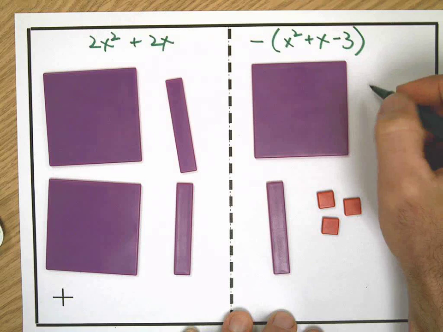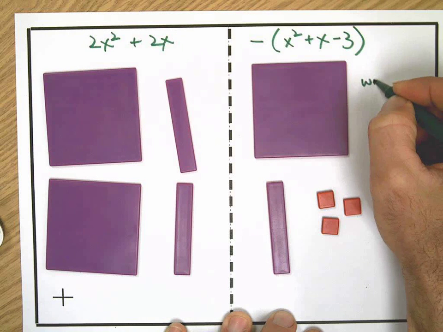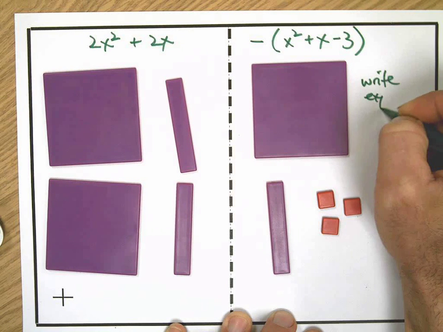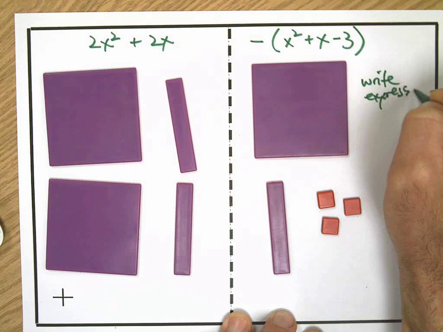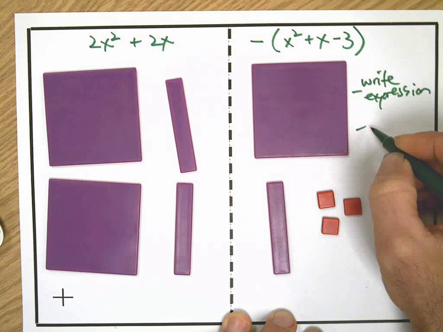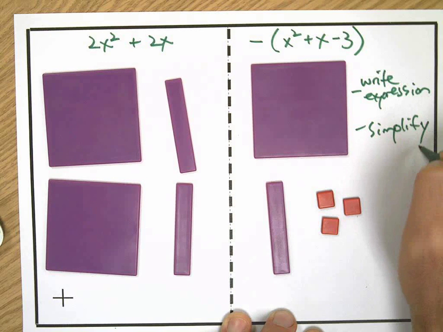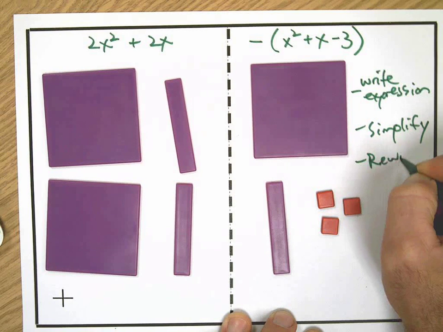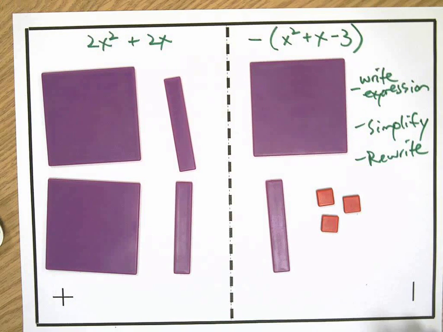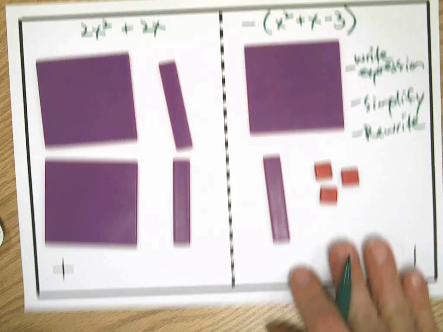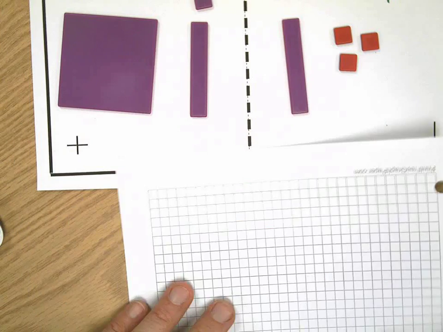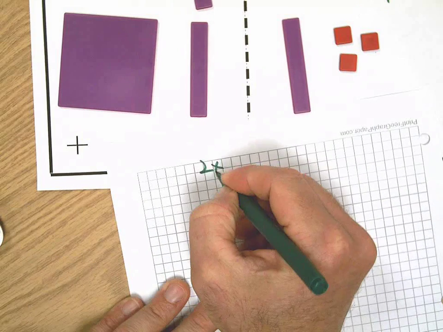Now let's say you were supposed to write the expression, which we just did, then simplify and rewrite. Well, if you were just going to do this on paper, it would go like this.